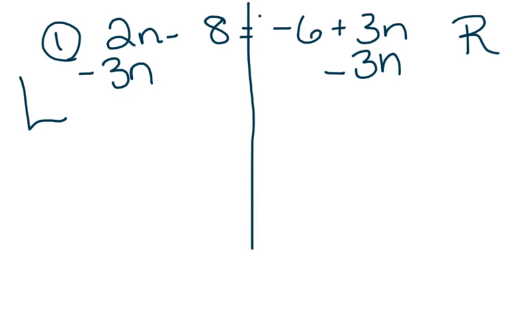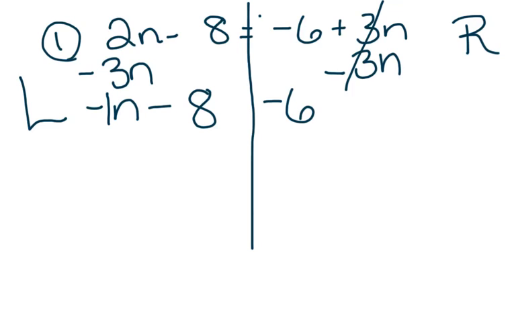So 2n take away 3n puts me into the negative. You can use a calculator and do 2 minus 3. The new coefficient in front of the n is going to be negative 1. You also have the minus 8 on the left-hand side, and on the right-hand side, a negative 6.